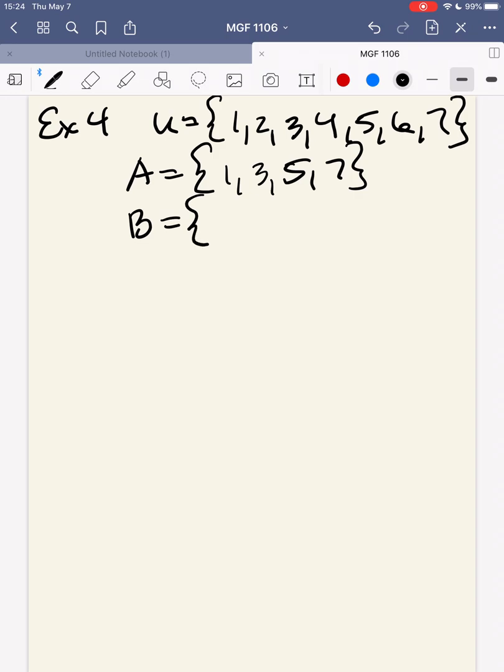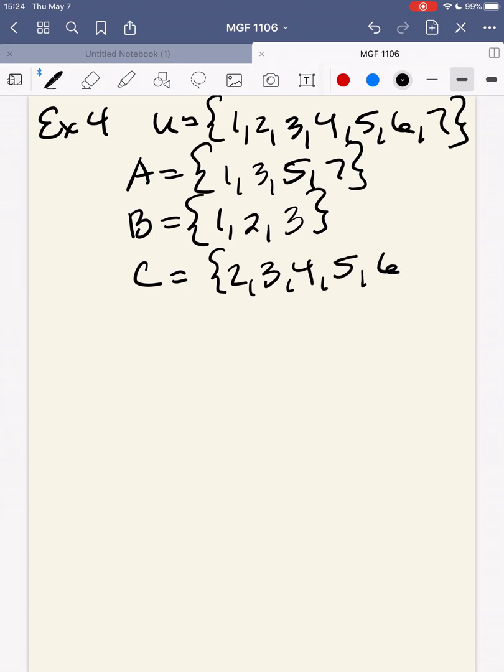B is equal to 1, 2, 3. C is equal to 2, 3, 4, 5, 6. Okay, and all of those are contained inside of our universe. Nothing goes lower than 1 and nothing goes higher than 7.